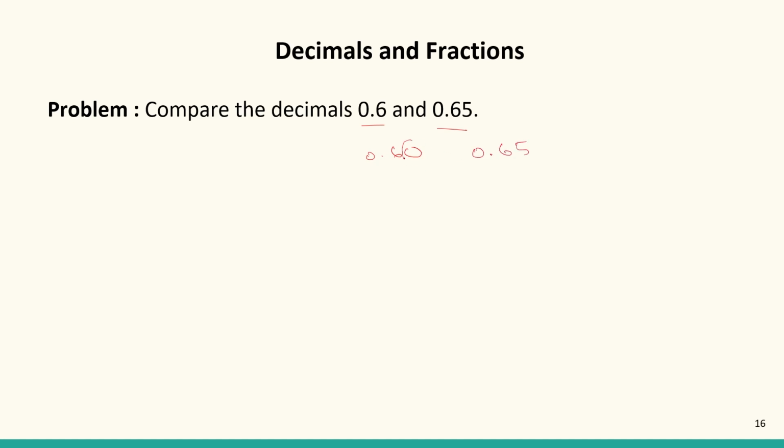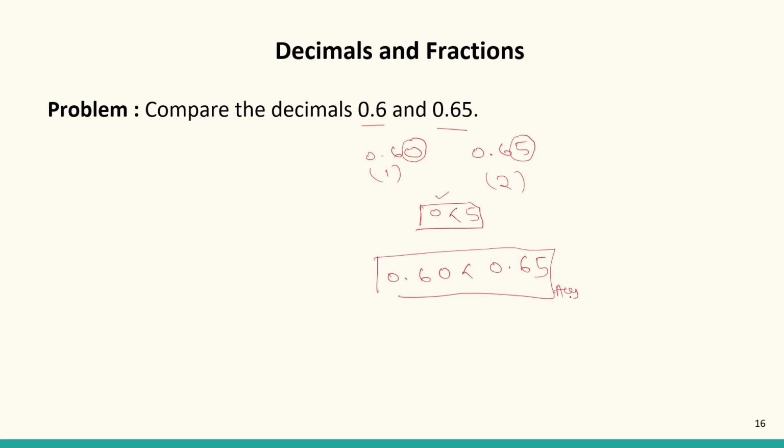In the hundredths place, after the decimal, we have 5 down here and 0 down here. Since 0 is less than 5, and the tenths place is the same, we compare the hundredths place and find that the second one is bigger than the first one. So 0.60 is less than 0.65. This is the answer.